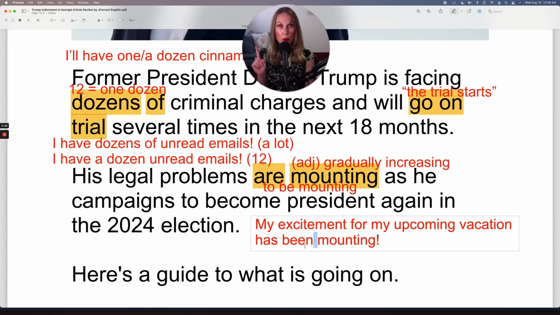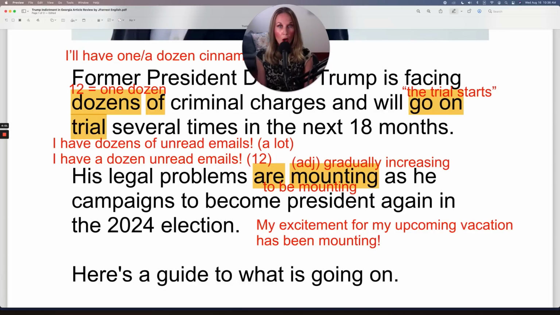Now notice the verb tense I used here, the present perfect, because my verb is to be, has been. That's the present perfect. And then this is my adjective, mounting. I use the present perfect because my excitement started mounting in the past and it's still mounting now. So that's the present perfect.